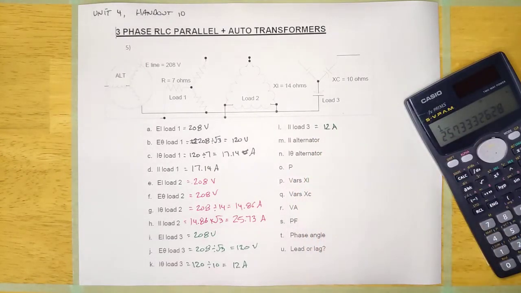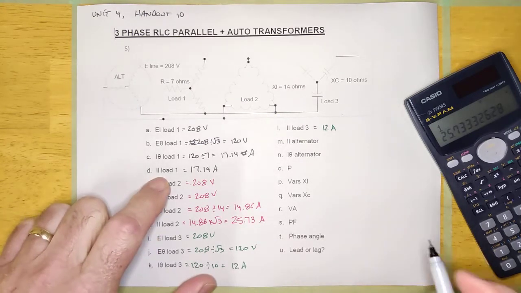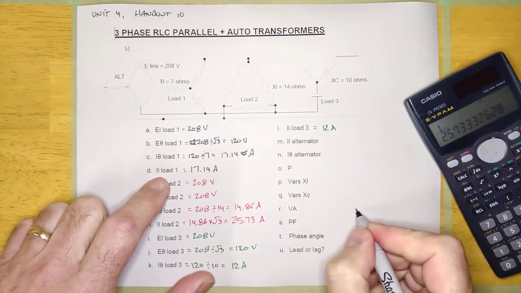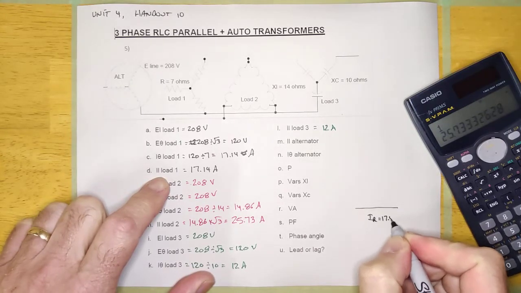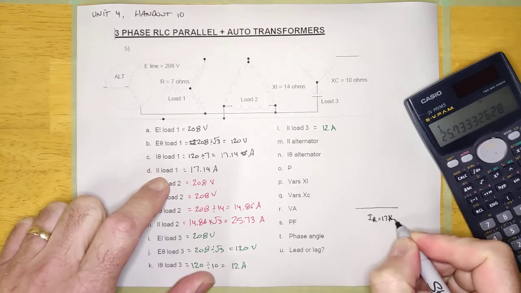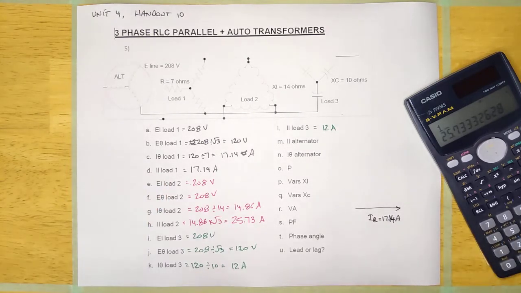Okay, guys. Now, I line alternator is going to be the sum of the three currents. I line load 1 is IR, so I can just draw that. You want to make sure you add the line values, guys.